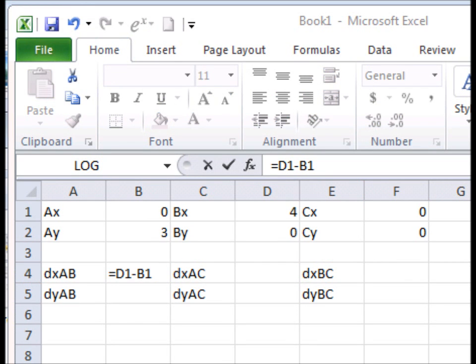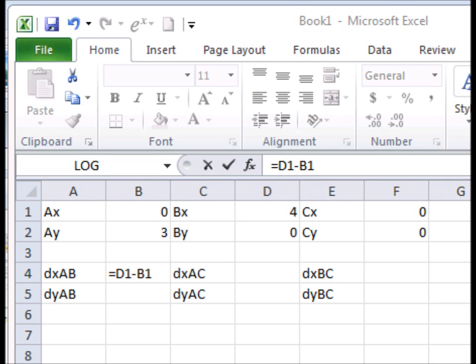And considering line AB, the change in x is the difference between the x coordinate of B and the x coordinate of A.